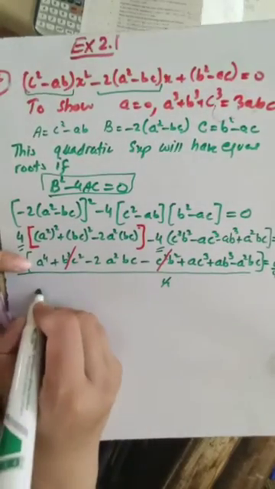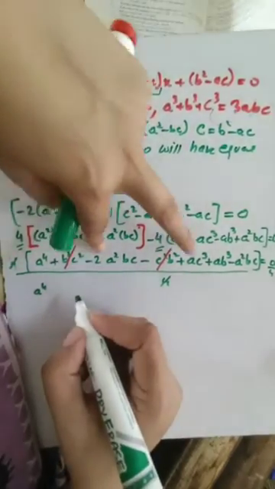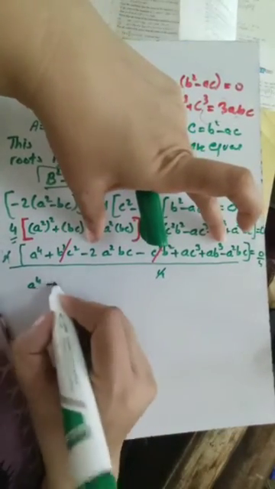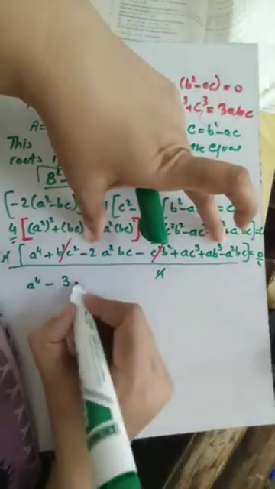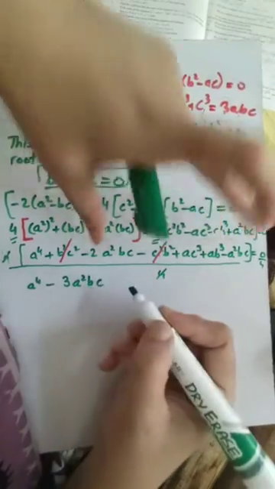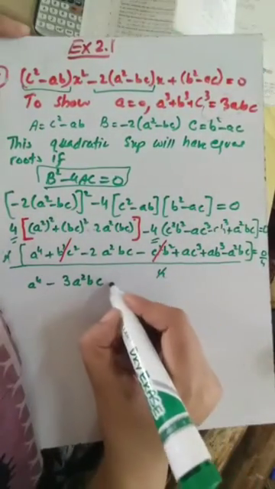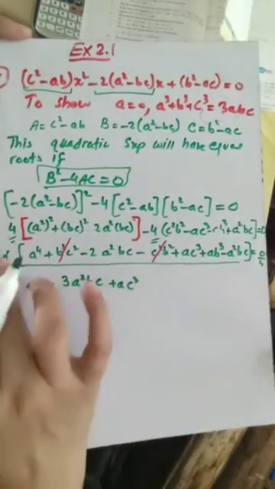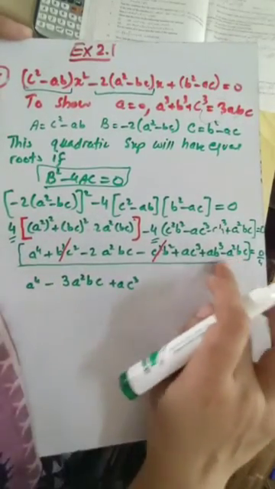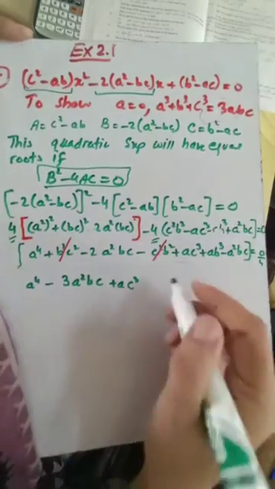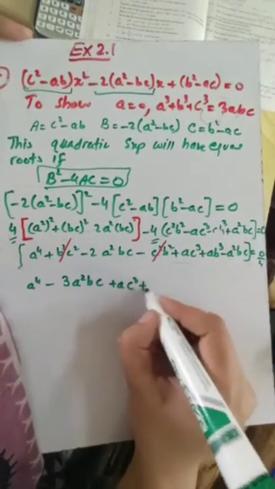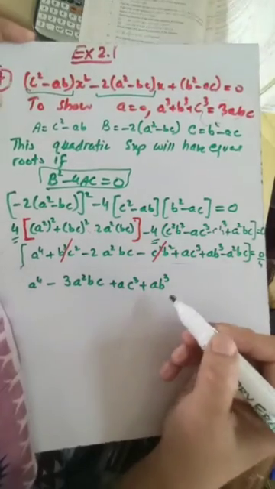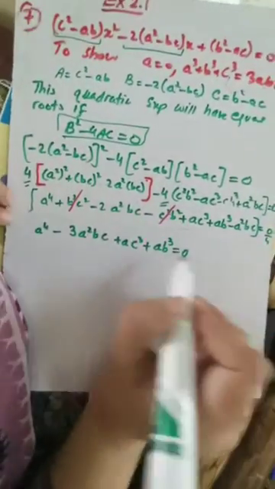So we are left with the expression a raised to power 4 minus 2a square bc and minus a square bc will be minus 3 a square bc. Okay, plus ac cube. Let me erase it from here as we are also done with this. Okay, minus ac plus ab cube is equal to 0.